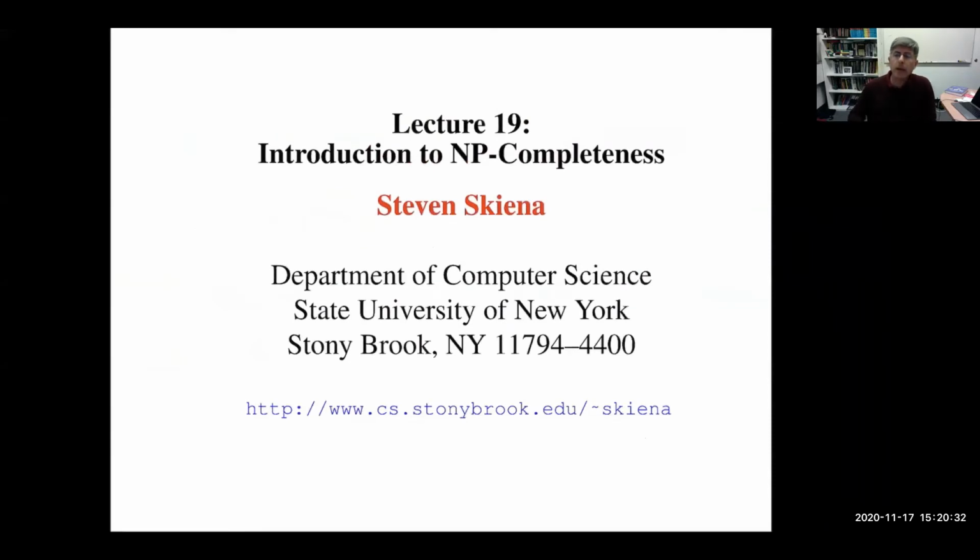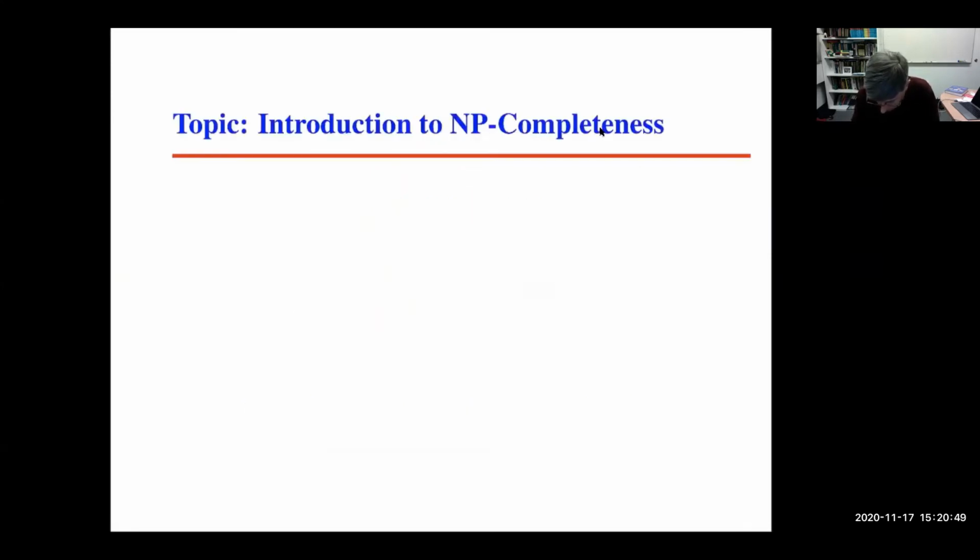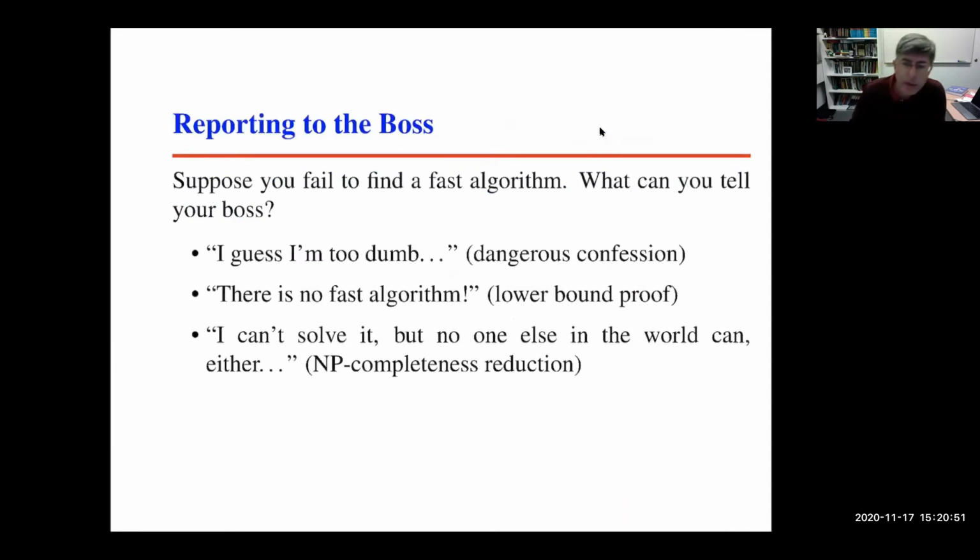What I'd like to talk about today is one of my favorite topics in the world, and I actually think the students generally like this topic. It's been a long semester and people are beaten down in many ways, but NP completeness is one of the really important ideas in computer science.